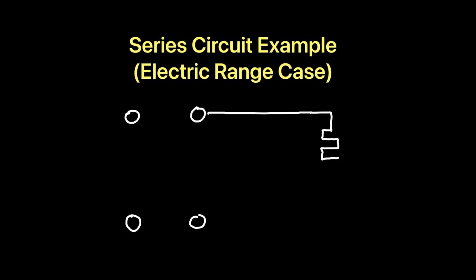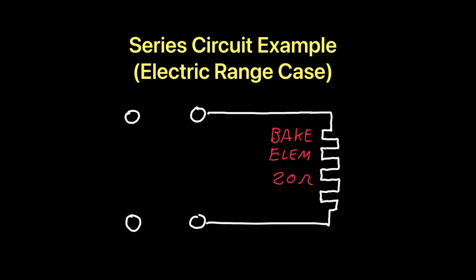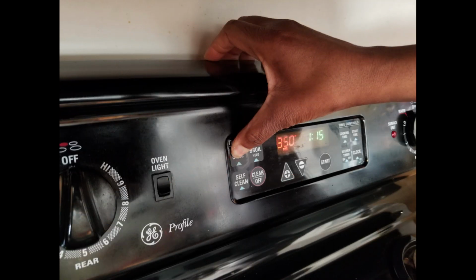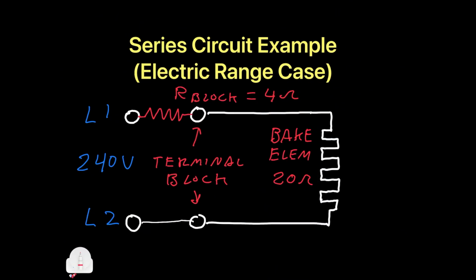Suppose you have a 240 volt electric range with a bake element that has a resistance of 20 ohms. The terminal block that the cord is connected to has a loose connection that has a resistance of 4 ohms. The customer complained that the oven was taking a long time to preheat. So the schematic that we just drew depicts this case.